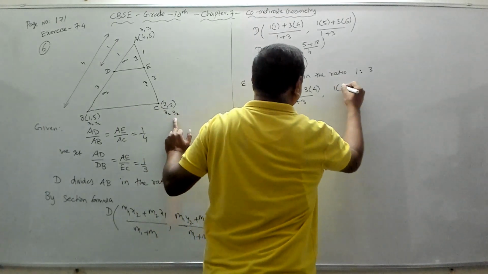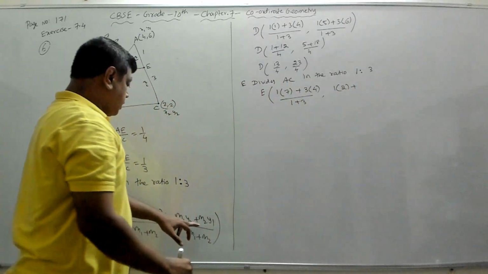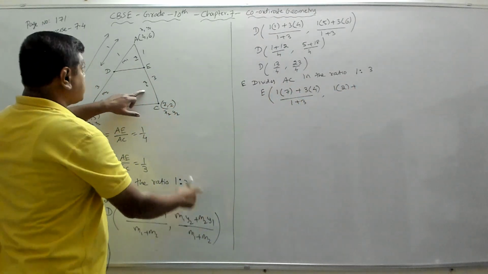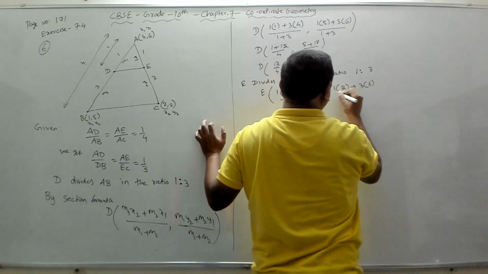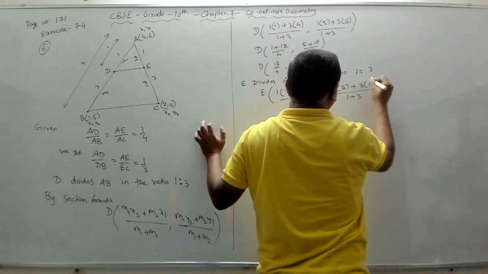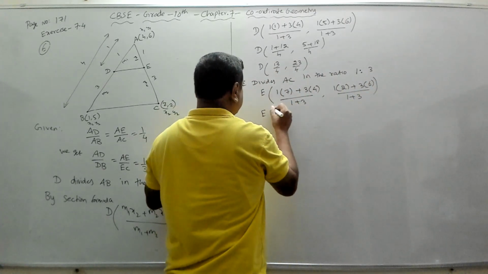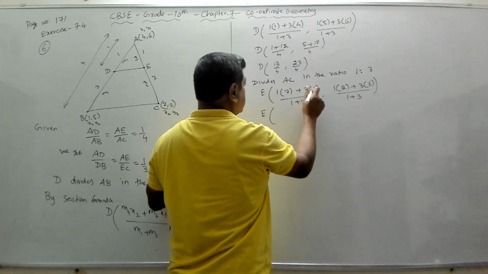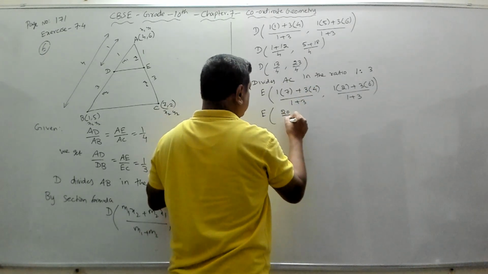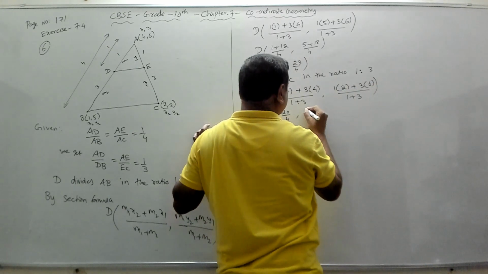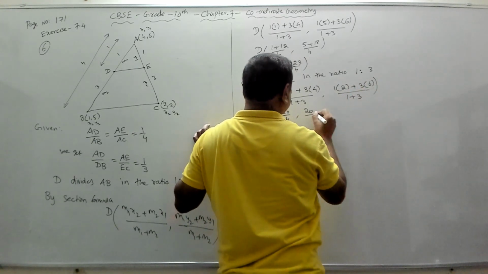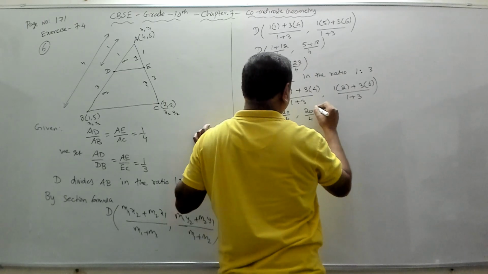So 1 into 2 plus m2 into y1, m2 is 3, y1 is 6, so 3 into 6, by m1 plus m2. So E becomes 7 plus 12, that is 19 by 4, comma, 2 plus 18, that is 20 by 4.